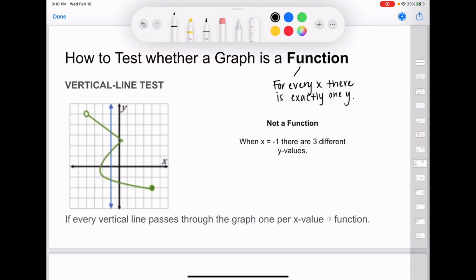So you have to use the vertical line test to identify if something is in fact a function. So let me draw those vertical lines. And the vertical lines run up and down. And I'll show you an easy way to remember this in just a second.